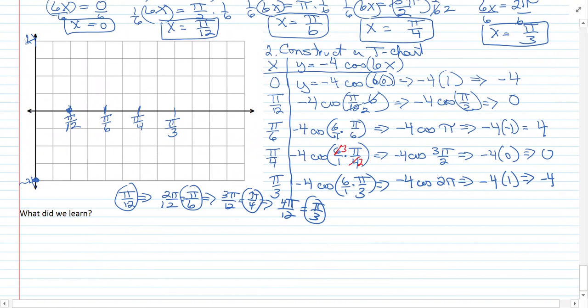At pi 6, I have a +4. At pi fourths, I have a 0, and at pi thirds, I have a -4. And we can see that it is flipped. It is an amplitude of 4. It is a period of pi thirds.